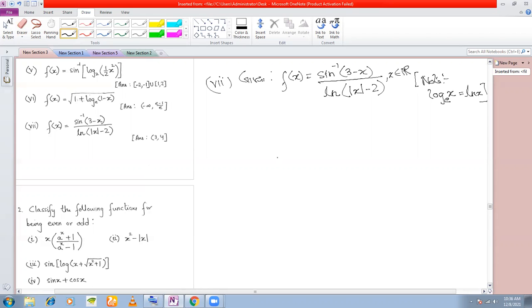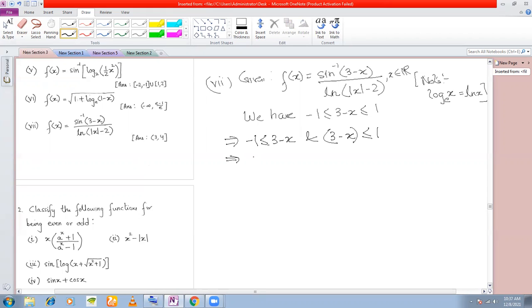In this case, the first restriction is that 3 minus x must lie between minus 1 and 1. So let me do it separately. You have minus 1 less than or equal to 3 minus x, and because there's a minus x involved, that is why I'm doing it separately.